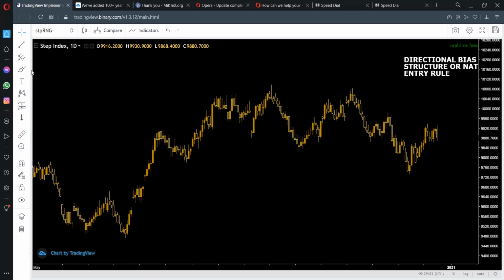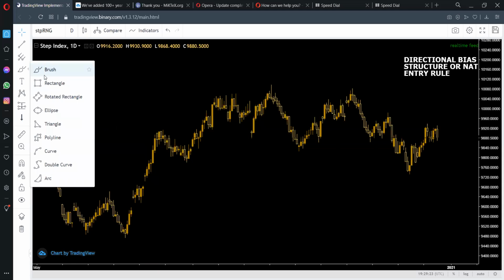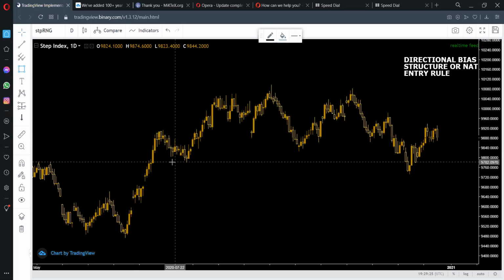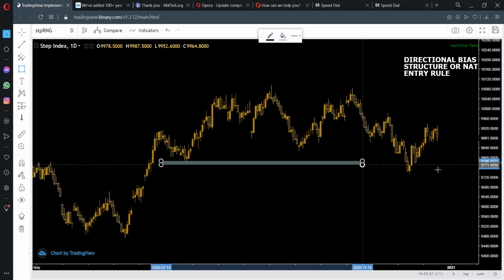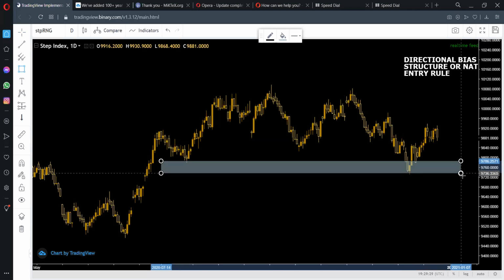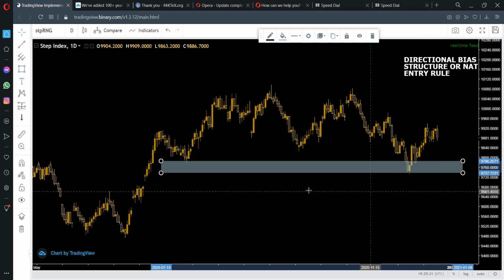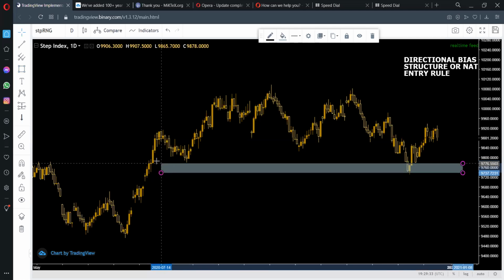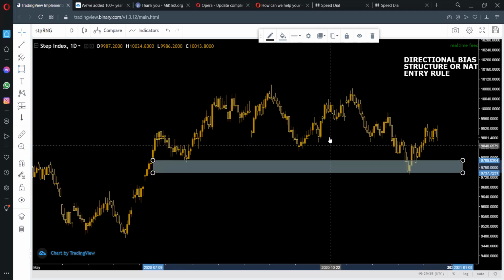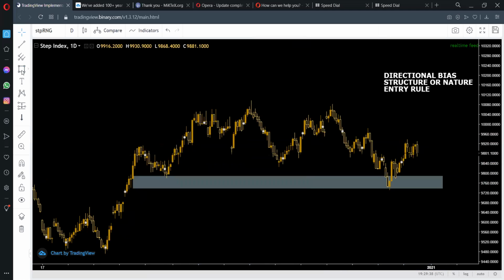So looking at this recent market, from here, the recent market nature of daily is ranging market right now, because we have a series of equal highs and equal lows.